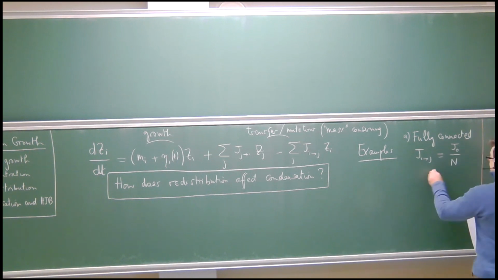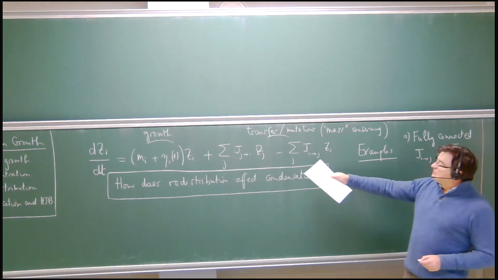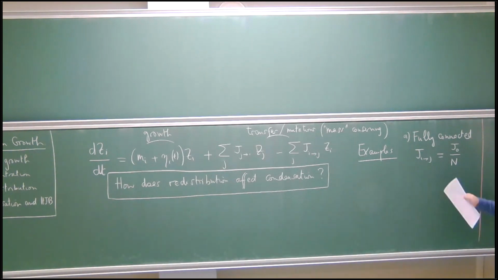So what does this mean? It means that this transfer rate is sometimes also called a hopping rate. This transfer rate or hopping rate is the same independent of the starting point and of the end point, and it's equal to a constant J0 divided by N, the total number of sites.